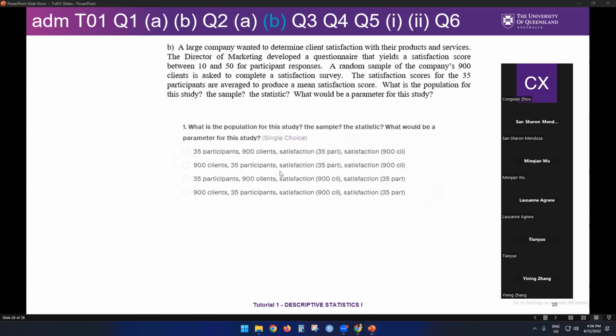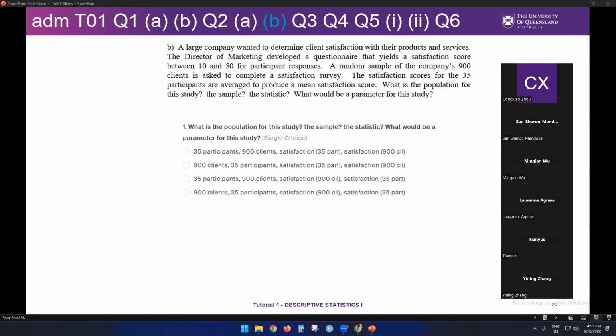Perfect. So a large company wanted to determine client satisfaction with their products and services. The director of marketing developed a questionnaire that yields a satisfaction score between 10 and 50 for participant responses. A random sample of the company's 900 clients is asked to complete the satisfaction survey.